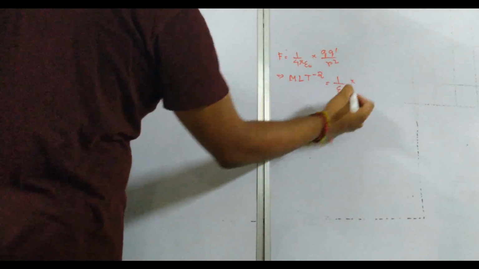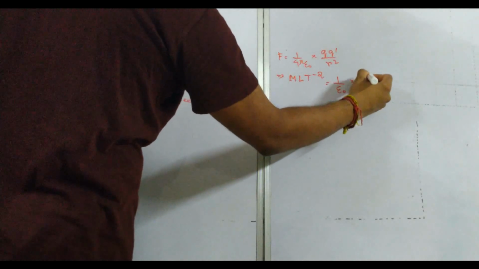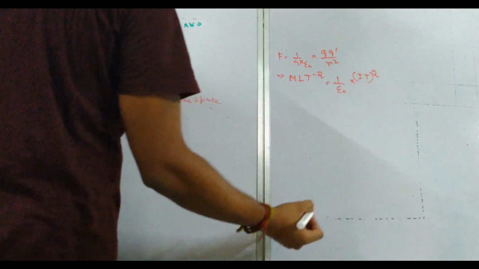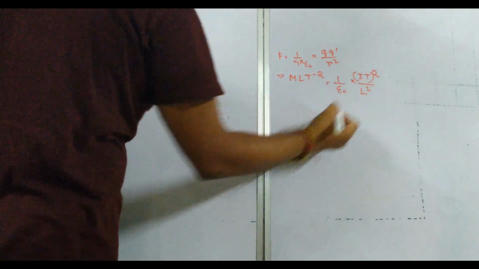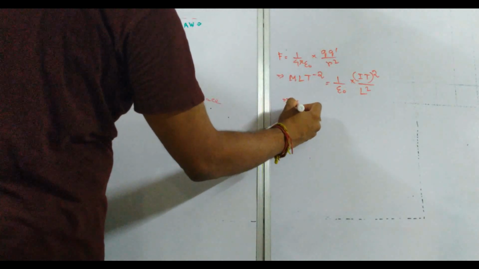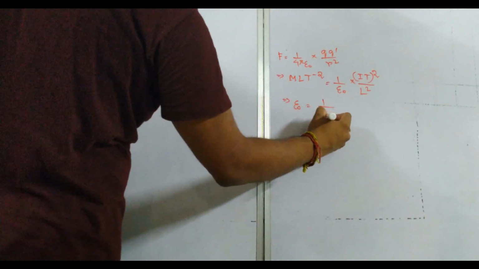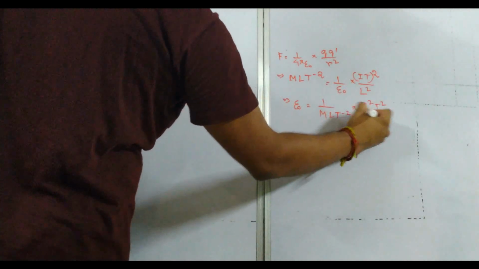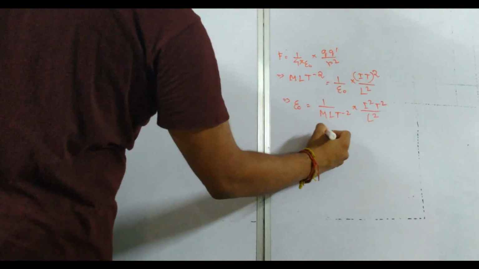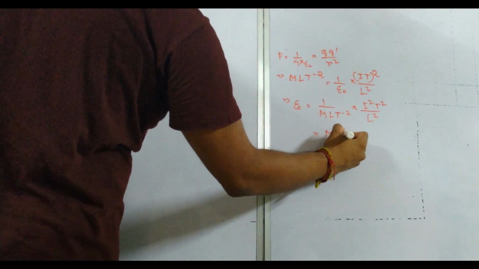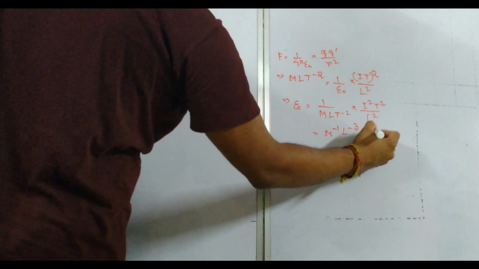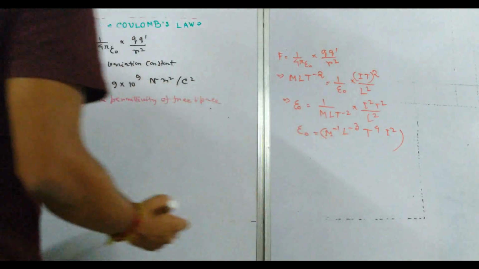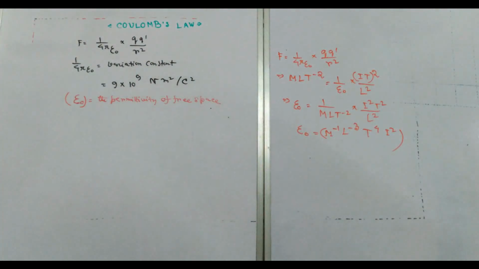So epsilon naught into Q means IT and Q dash means again IT. So we can write IT square by L square. So epsilon naught is given as 1 by mLt to the power minus 2 into I square t square by L square. That can be written as m to the power minus 1, L to the power minus 3, t to the power 4, I square. And this is the dimension of the permittivity of free space.